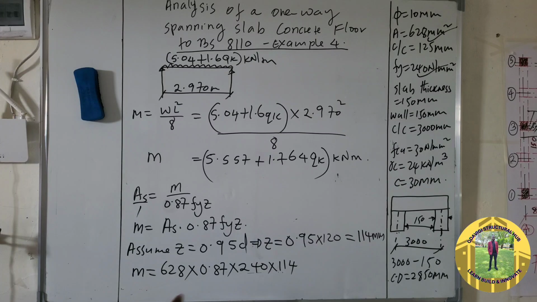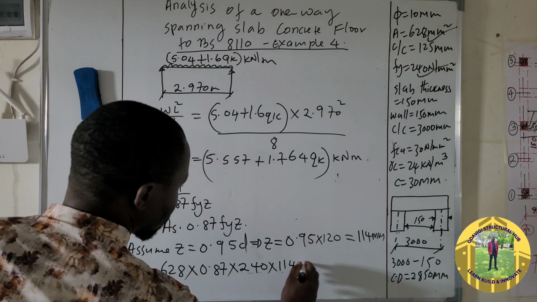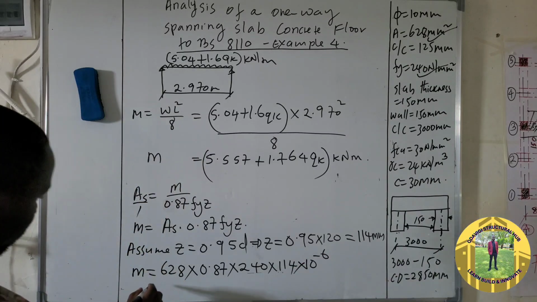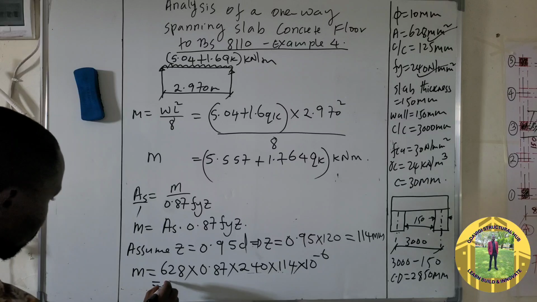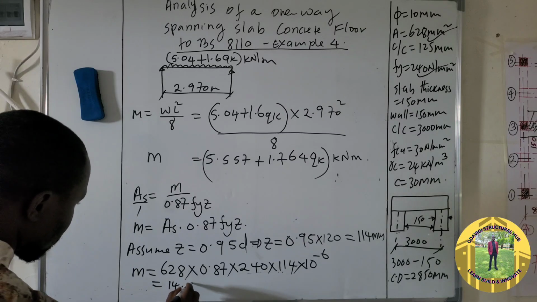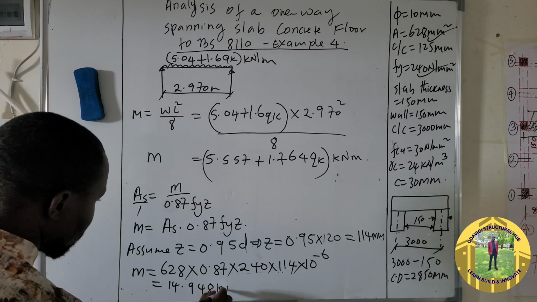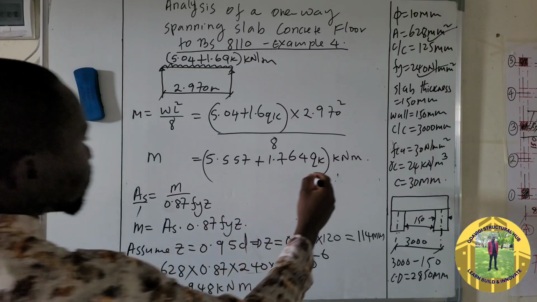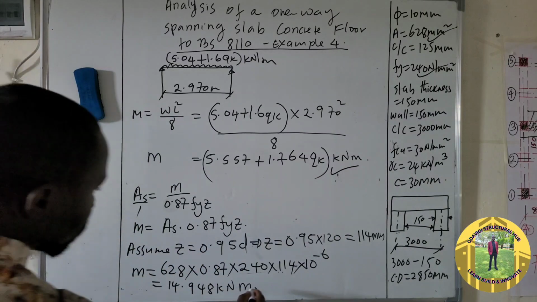If you carry out the operation, you will get your answer in Newton millimeter, but we want our answer in kilonewton meter. So you'll multiply by 10 raised to the power negative 6. So this one is equal to 14.948 kilonewton meter. So to get the imposed load, which is QK, we will equate this moment to this one.